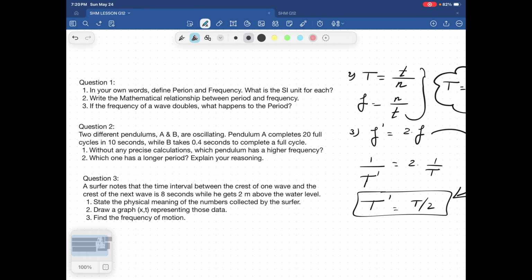And now we are going to find the frequency of motion in the last part. It is very easy since we have already found the period. We can state that the frequency is equal to 1 over period, 1 over 8 hertz.